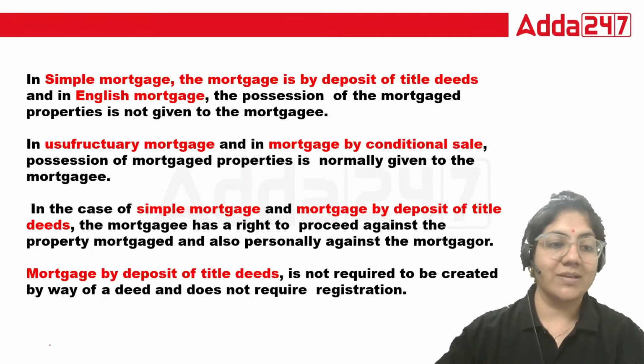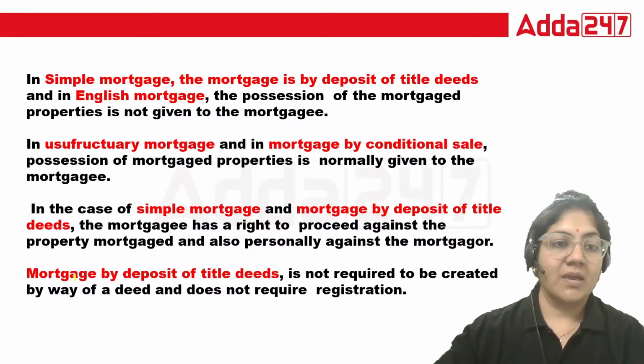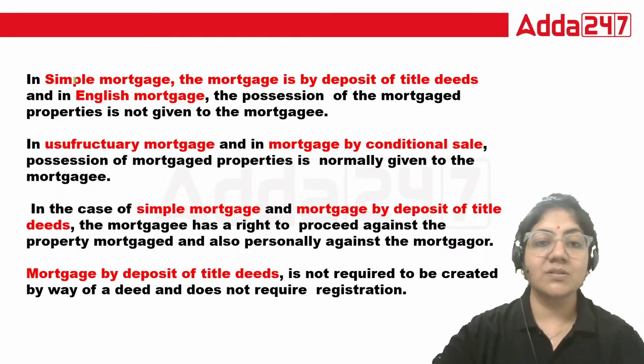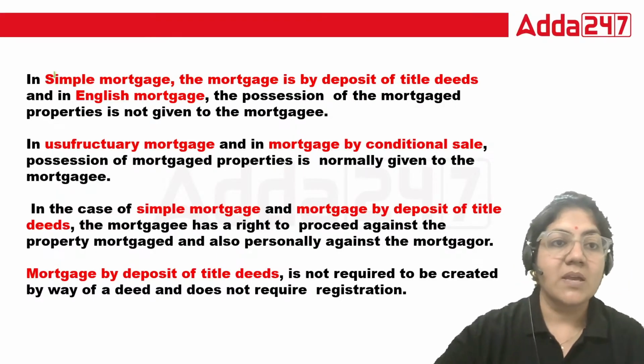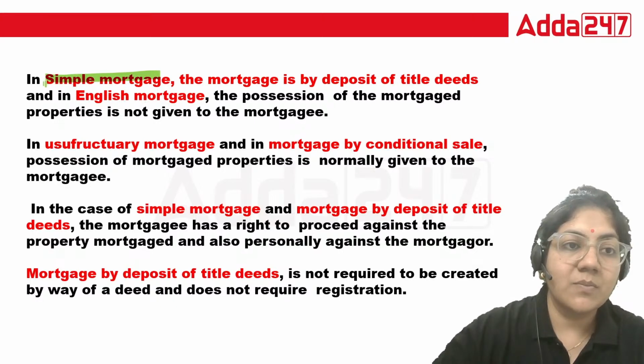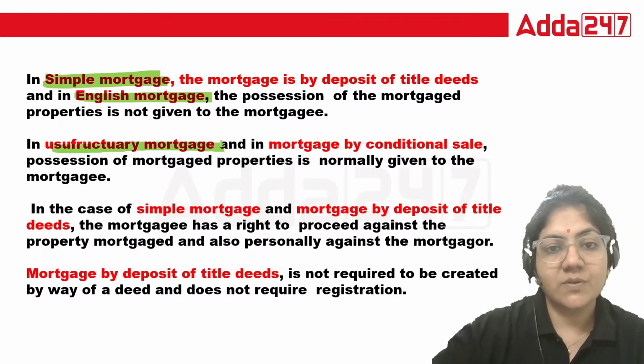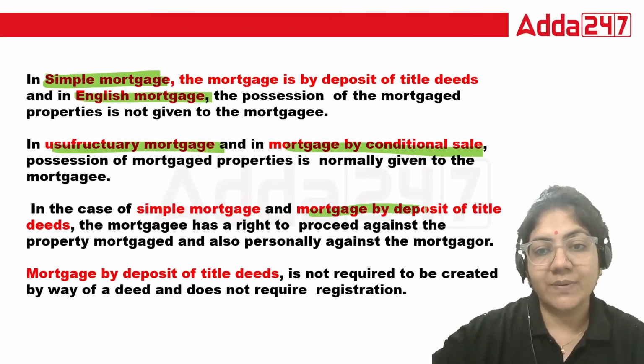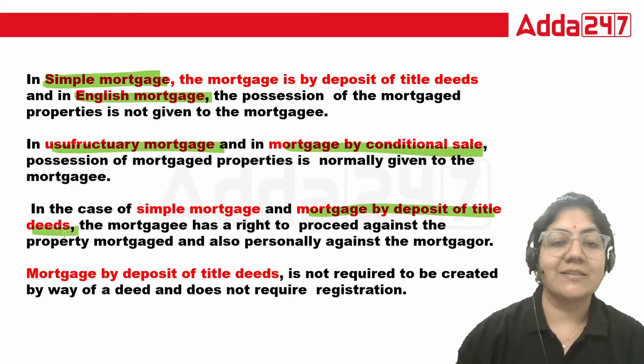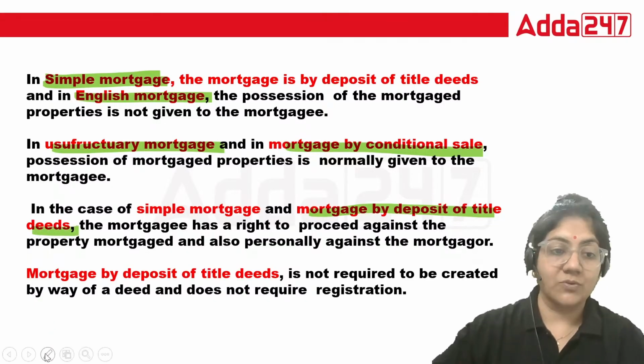Now see what exactly this is. Simple mortgage. So one by one, we are going to discuss the types of mortgage. So this is also a comparison. First of all, simple mortgage, English mortgage, usufructuary mortgage, mortgage by conditional sale, mortgage by deposit of title deed, and the last one is anomalous mortgage.